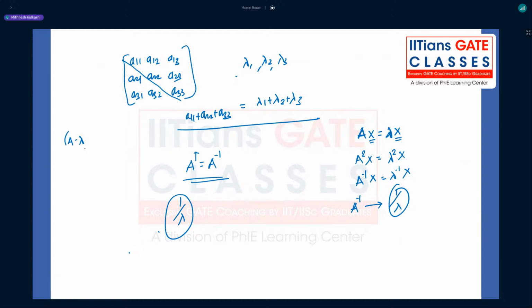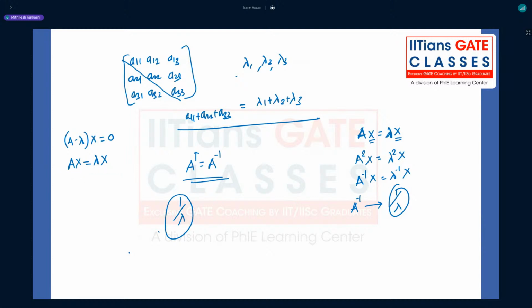So (A minus lambda) x equal to 0, and ultimately what we say is Ax minus lambda x equal to 0, or Ax is equal to lambda x, right? So this is the equation.